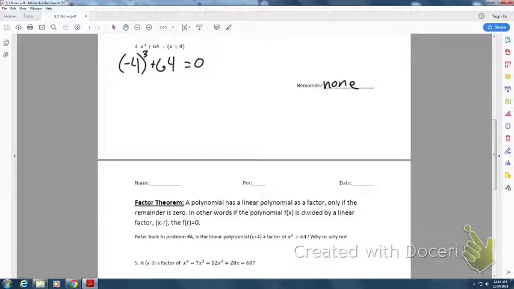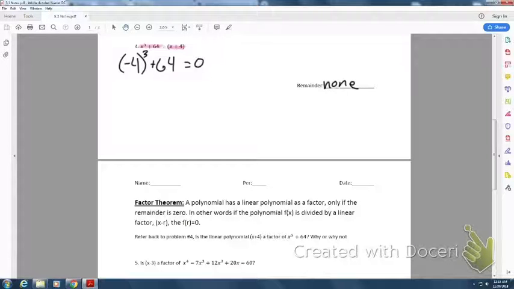Okay? A polynomial. Let me walk through the definition here. A polynomial, x cubed plus 64, has a linear polynomial as a factor only if the remainder is 0. In other words, if the polynomial f of x is divided by a linear factor, x minus r, then f of r equals 0.